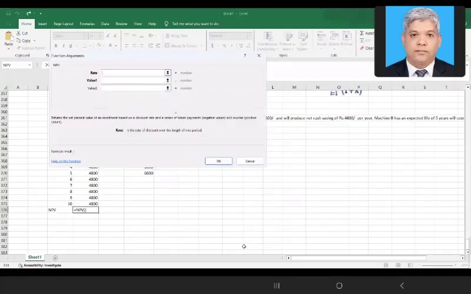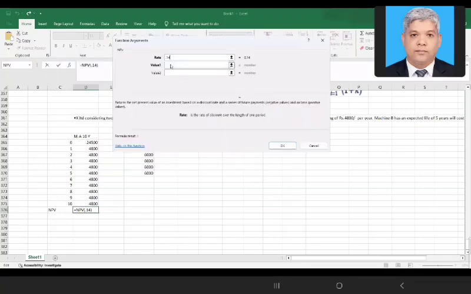The rate, you can assume 14% rate. The values.